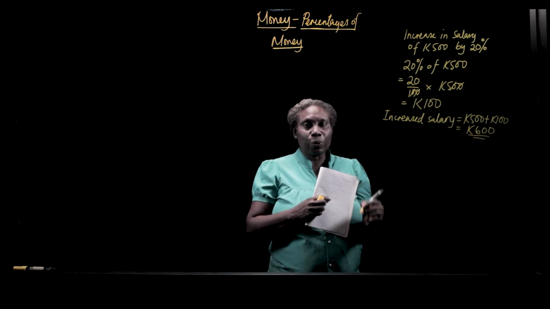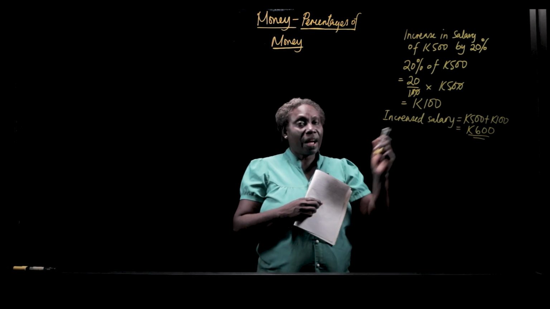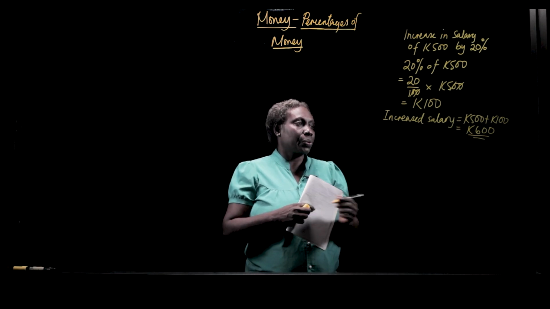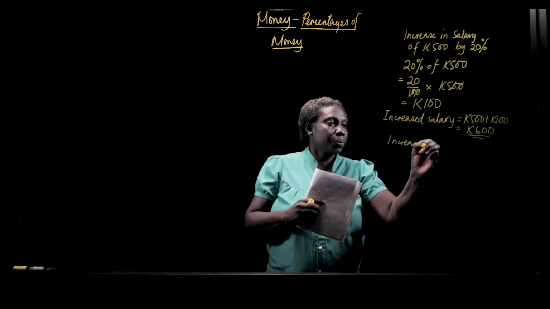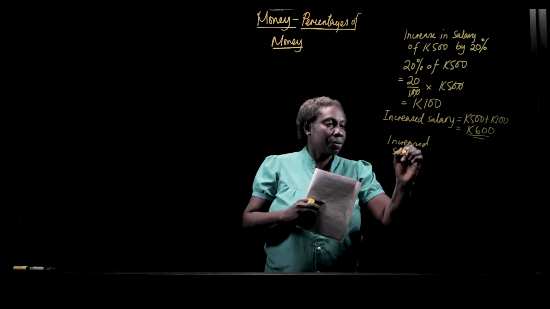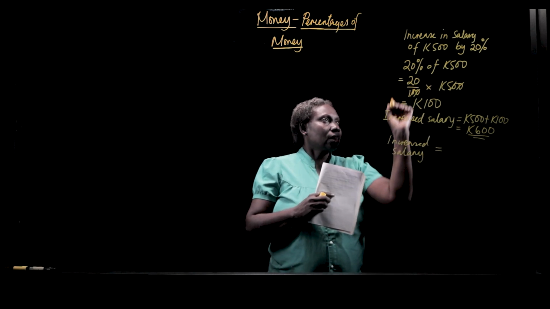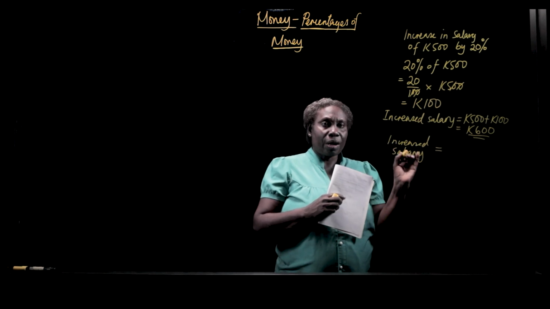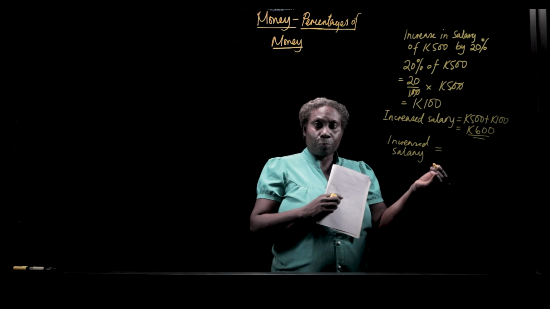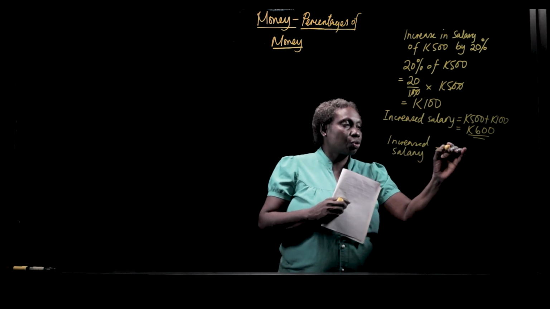We can also use another method, which is the shortcut method of finding the amount of increase. The increased salary is equal to 20% of 500 kina. We assume that 500 kina is 100%. So when we increase, we add 20% to 100%.